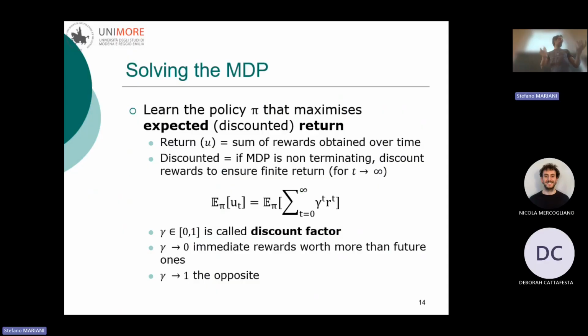The discounted term is basically just a mathematical trick to simply keep infinite horizon problems manageable. Okay, so you discount the return.